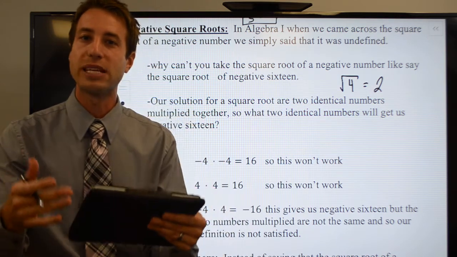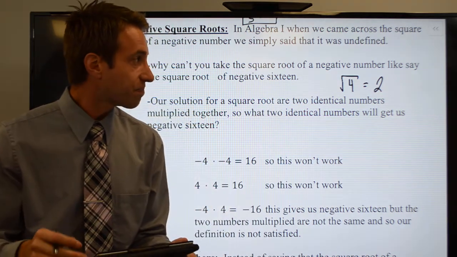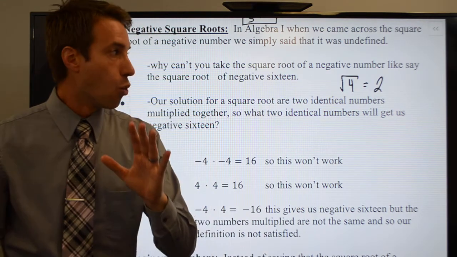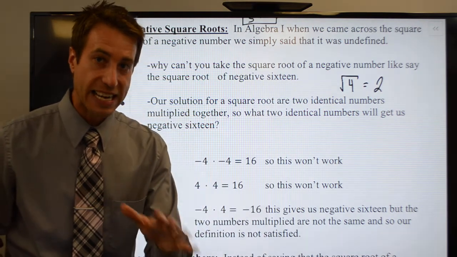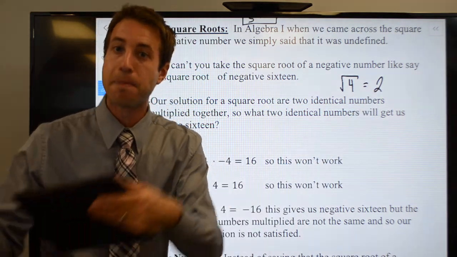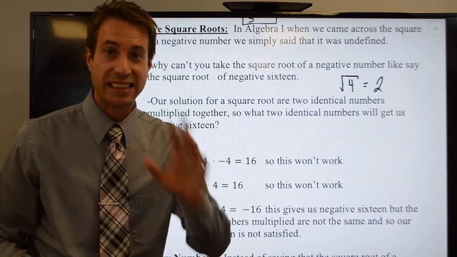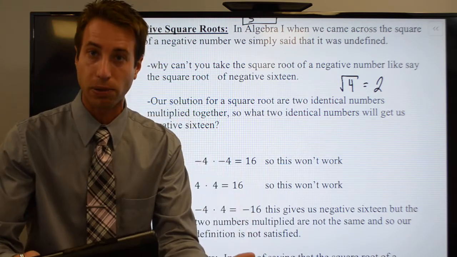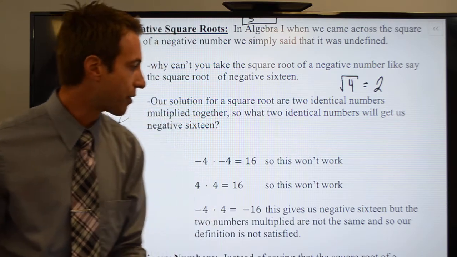Now, here's why we said in Algebra 1 that the square root of a negative number was undefined. When you square a number, you're taking the number and multiplying it by itself, the same two numbers, absolutely identical. Let me show you how this works.